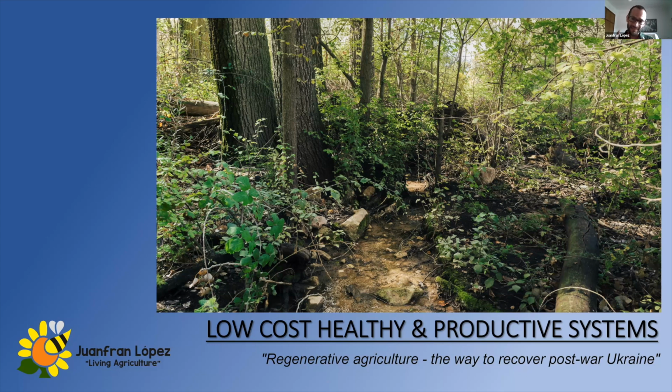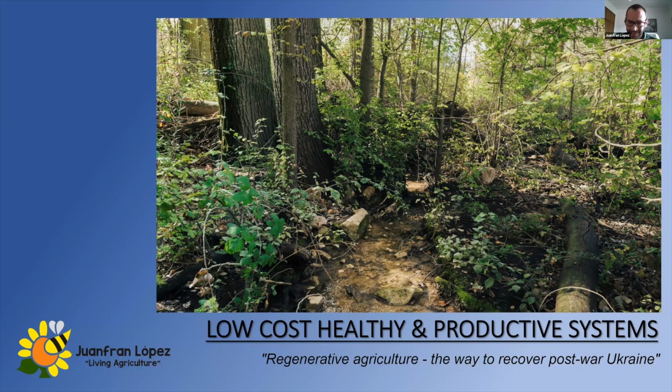This is a system with closed circles, so everything is recycled. The key is that it has many elements, and each element performs many functions. So if one element is missing, there is another element that can perform that function.